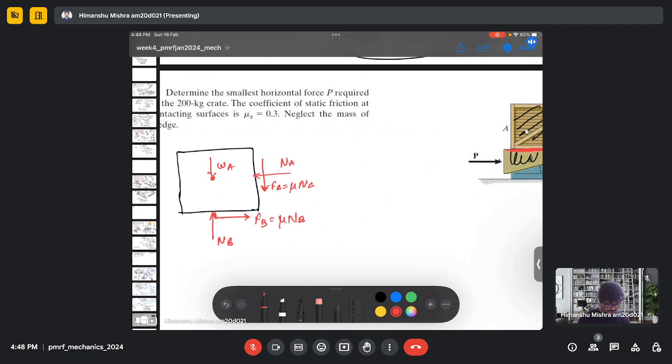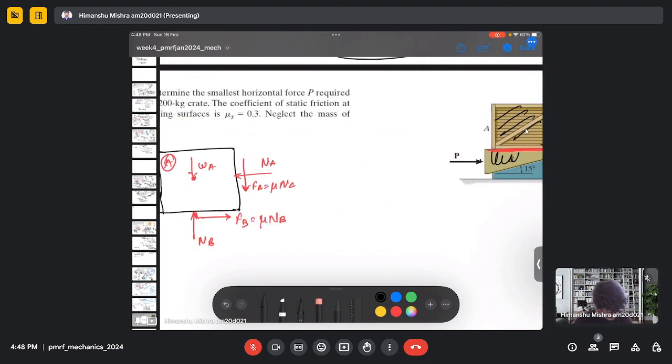So these are the forces which are acting on the upper body A. So this is my body A, and this friction force in all the bodies is this. So this is for the wedge. B is representing the wedge.